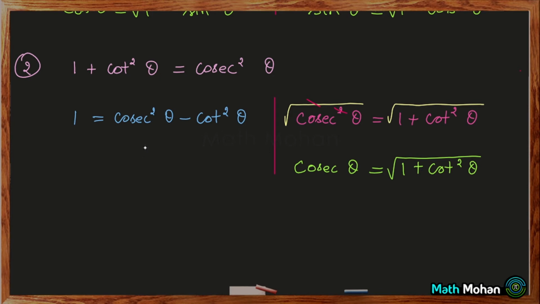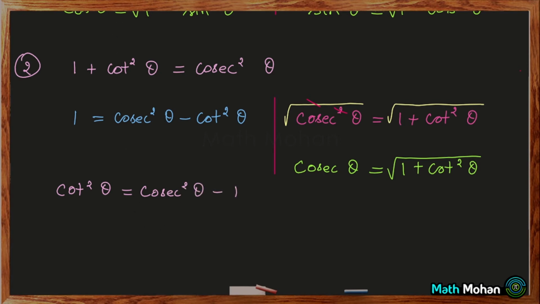Suppose another way is like this. If I want cot theta, I can retain cot square theta on the left side and take the 1 to the right side. If you transpose 1 to the right side, it will become minus 1, isn't it? So cosecant square theta minus 1.